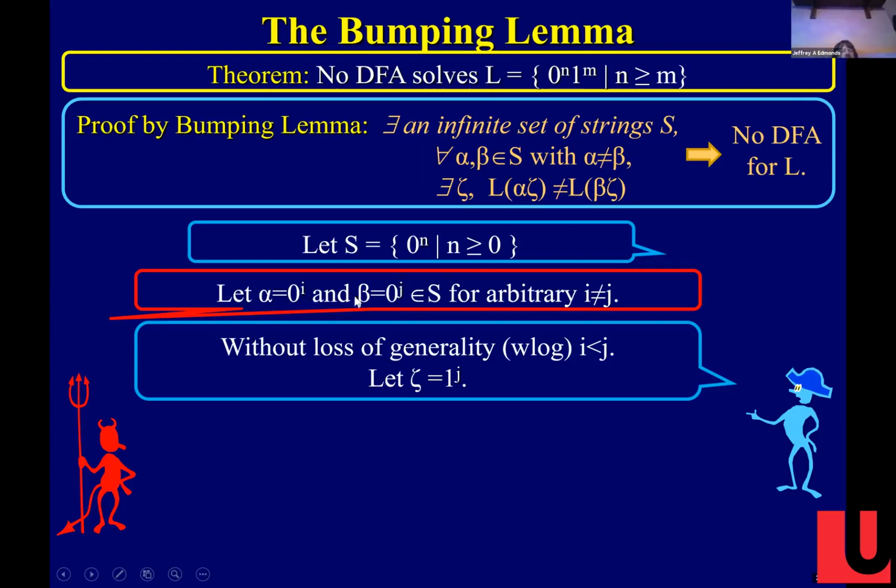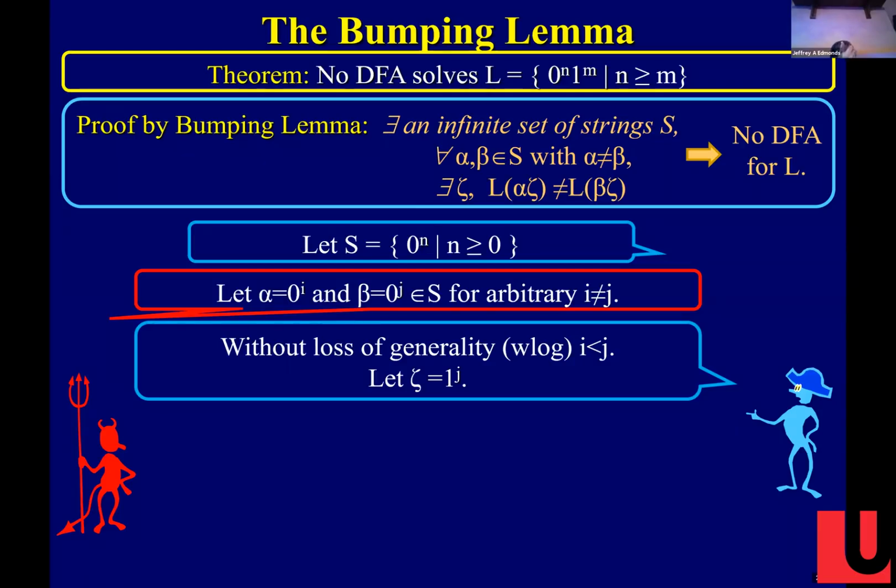Well, because if it was the other way around, we just swap I and J, alpha and beta, right? Because he could have given us alpha and beta or beta and alpha. There's no difference, right? So we could prove the one case where I is less than J, and we can prove another case where J is less than I, but the proofs would look exactly the same, right?